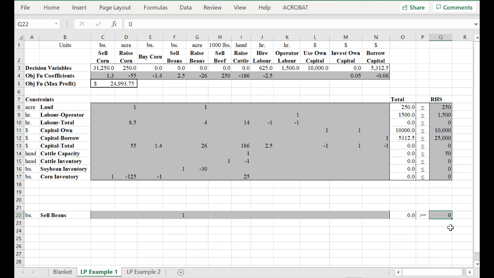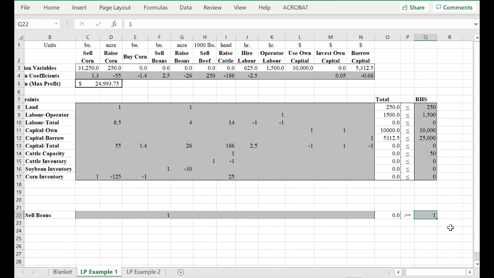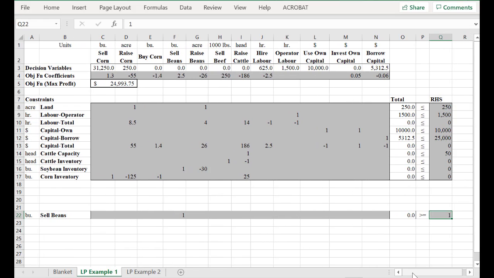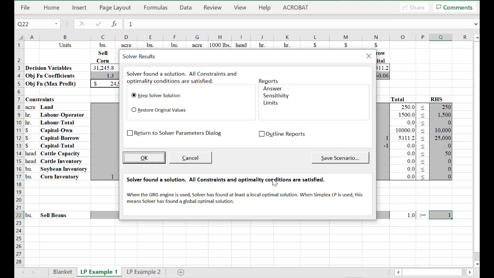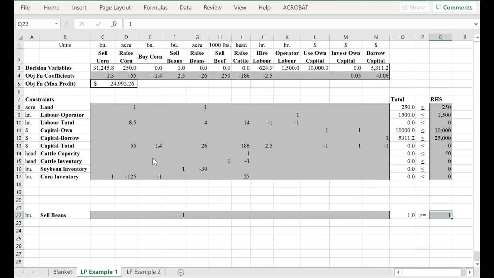So we are relaxing the right-hand side value of this constraint from 0 to 1, and then let's solve this problem again. We don't need to make changes here because we only changed the coefficients, the parameter values. So here, let's generate both the sensitivity report and the answer report.